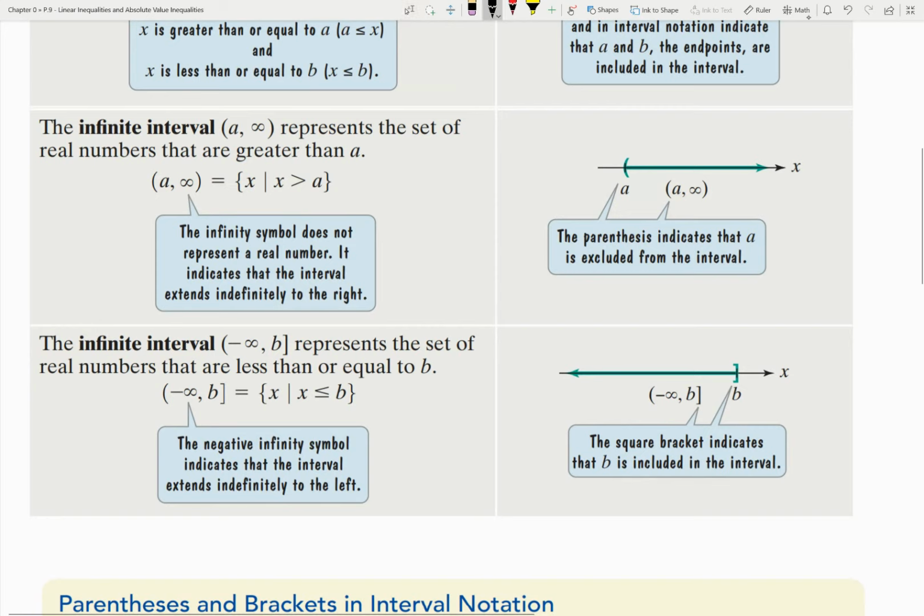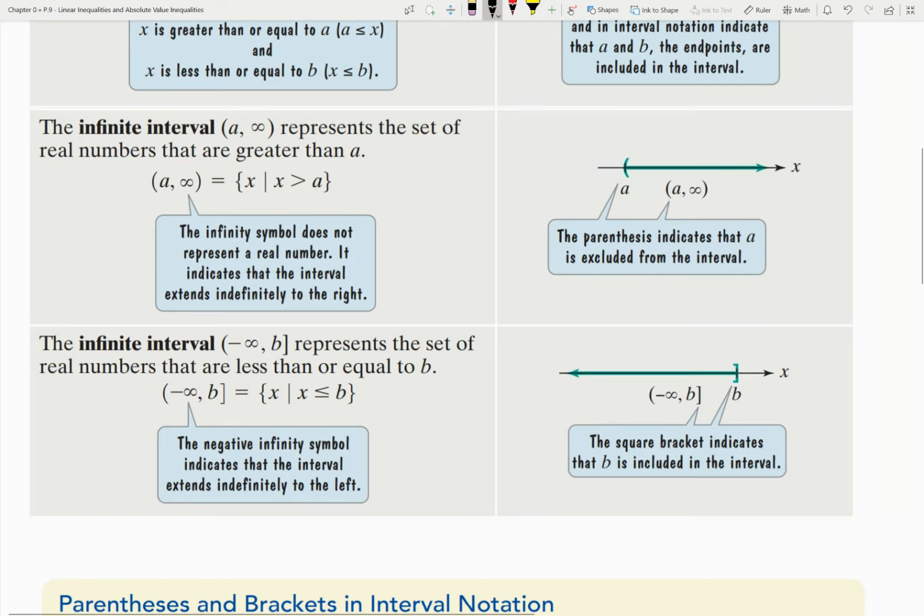It indicates that the interval extends indefinitely to the right or left. And because you can never actually get to infinity, we're always going to use parentheses when we have the infinity sign. If my graph extends to the right, it is infinity. If it extends to the left, it is negative infinity.